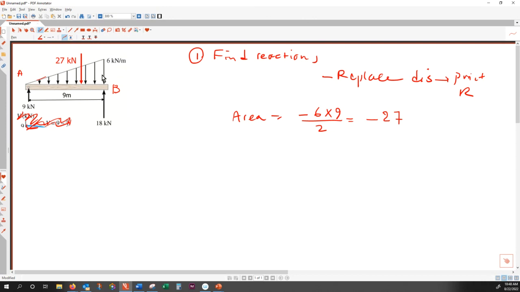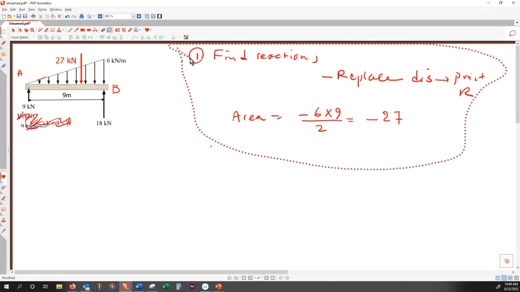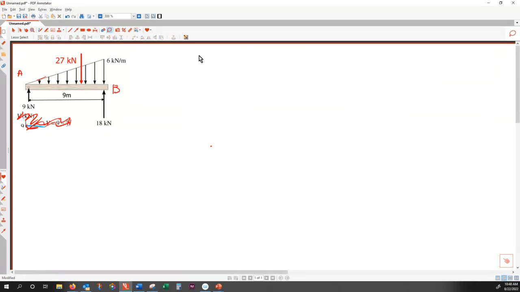There is only one zone here, and that is between A and B. So that is zone number one, and X is changing between XA and XB. If I take my coordinate system starting at A, X would change between 0 and 9.